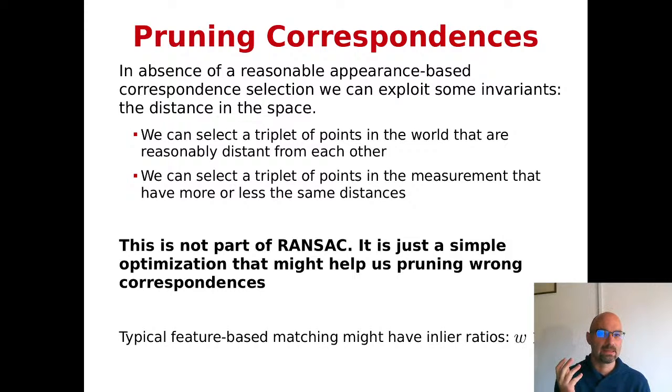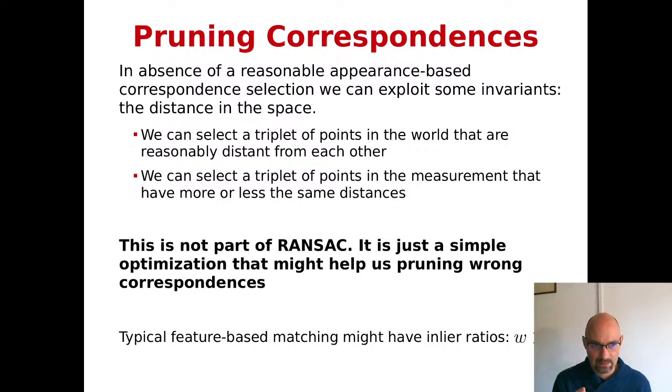In our case, it pops up to my mind that given these 2 clouds, I would just select 3 points in the one cloud whose configuration, so whose relative distances, are similar to the relative distances of the 3 corresponding points that I've selected in the other cloud.